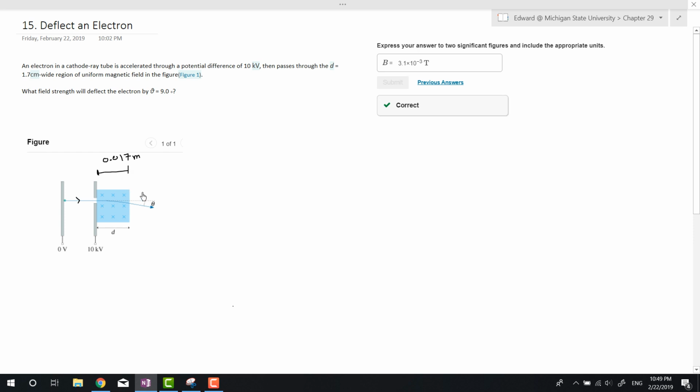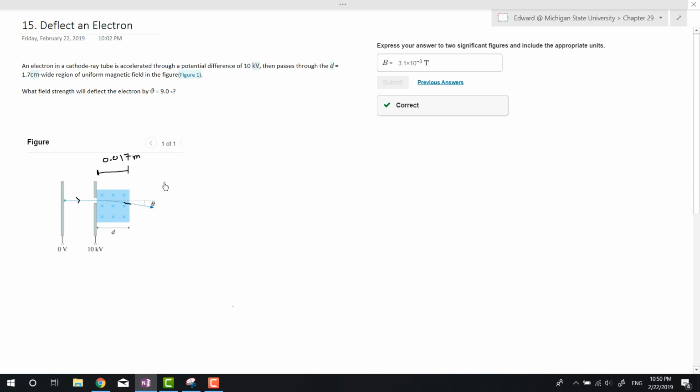That's how wide it is. Instead of having it come straight out the other side, we want the electron to deflect a little bit, by 9 degrees in this case, so it comes out a little bit down instead of straight out, right? So that's what the problem is telling us, and we want to find a magnetic field that would make this happen.